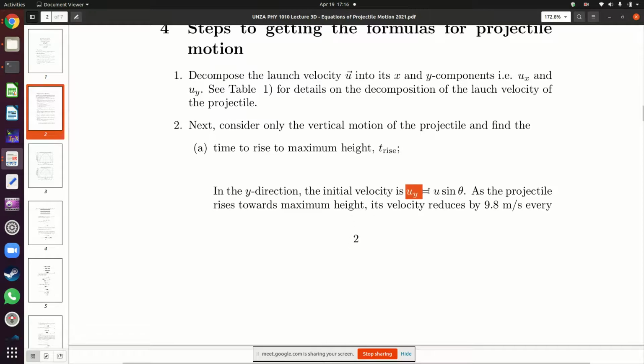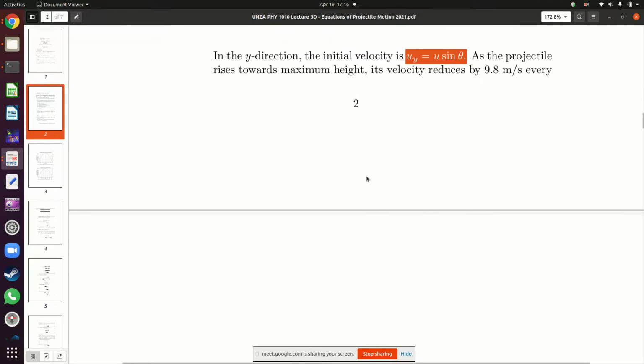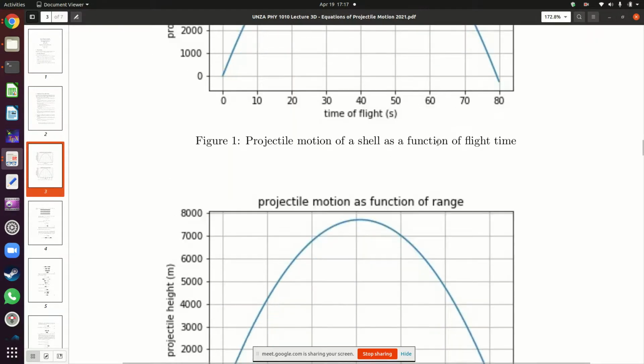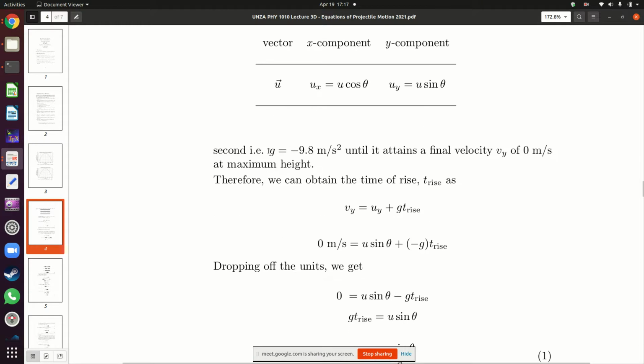Since your projectile is moving away from the surface of the earth, its velocity will reduce at a rate of minus 9.8 meters per second squared. So the acceleration due to gravity will be negative in this case. g is going to be minus 9.8 meters per second squared.